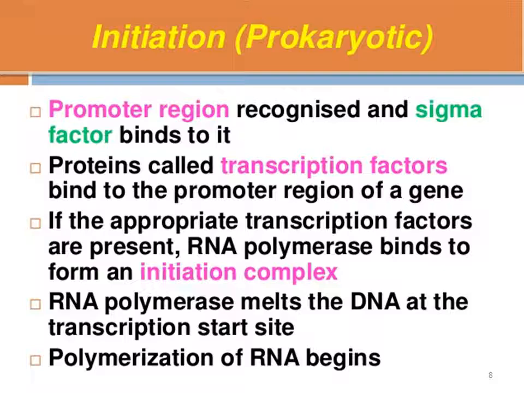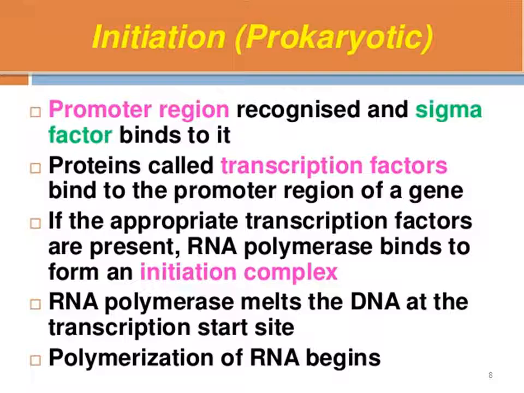So in case when there is the appropriate transcription factor, the RNA polymerase binds to form an initiation complex, the structure that is known as the initiation complex, where the transcription factors, the transcription proteins, bind and RNA polymerase binds there.